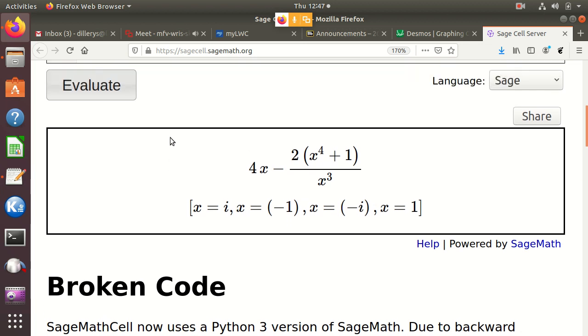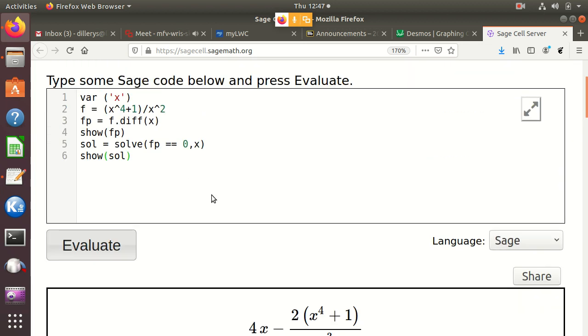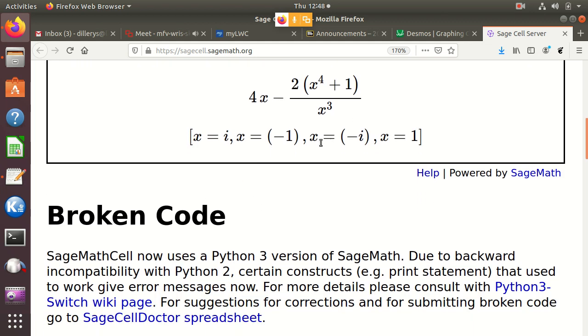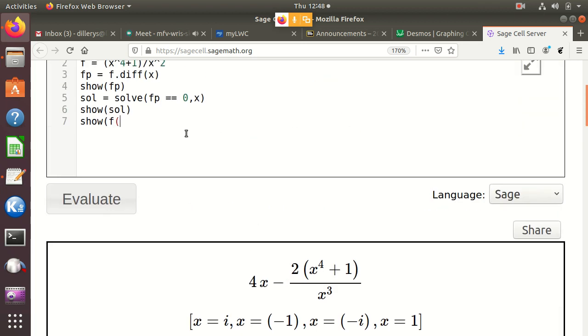So actually, if you wanted to use those somehow, if I wanted to look at what's f of 1, so if I said show f of, well, the question is, how do I get to that 1 or that -1? That's not necessarily so easy. And now, I could just read them and put in f of 1, right?